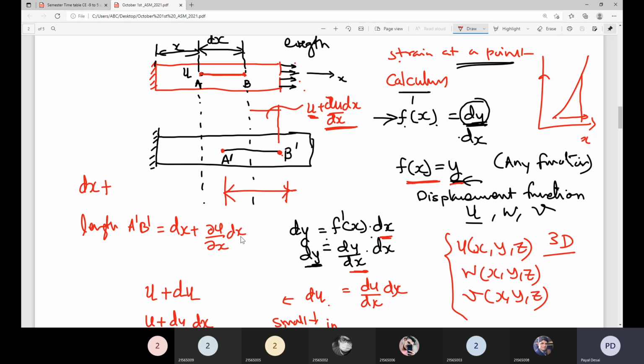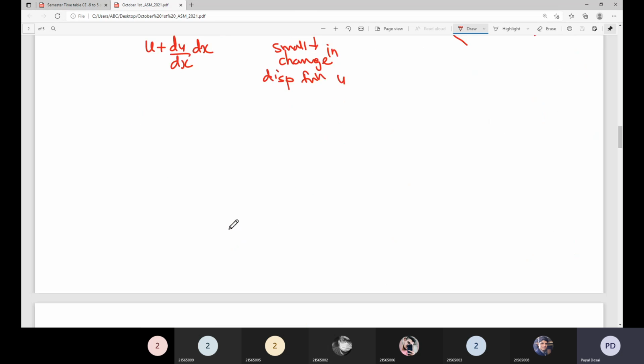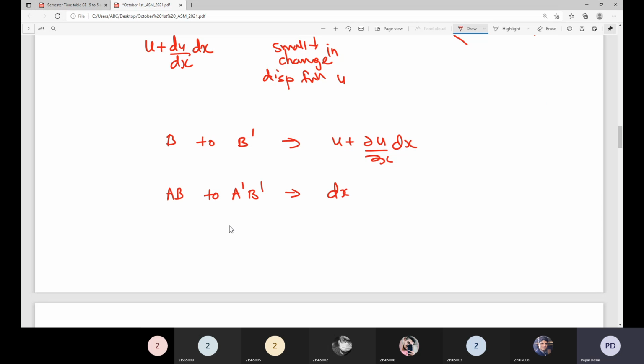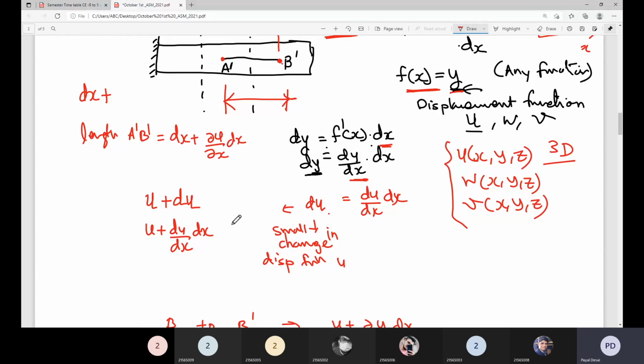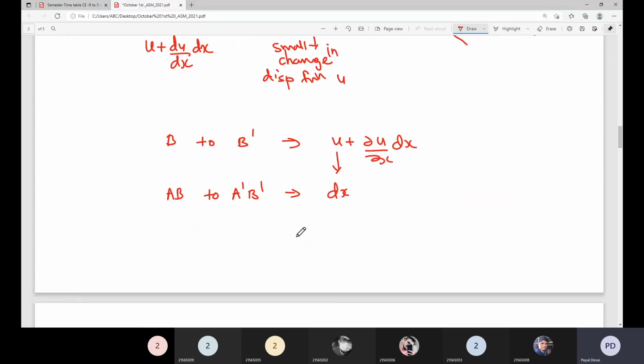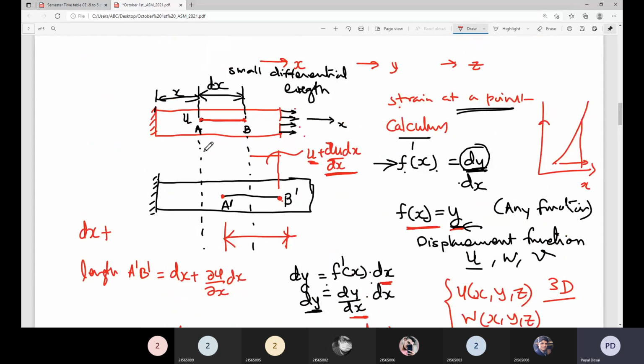So how much is the change? See, how much is the component from d to b dash? It is simply u plus del u by del x into dx. But how much is change in ab to a dash b dash? It's the total length instead of u, क्योंकि पूरी लेंथ में कितना इंक्रीमेंट आया है, ठीक है, पूरी लेंथ में जो चेंज है, और वो किसके वजह से है? बिकॉज वी आर टॉकिंग अबाउट डिस्प्लेसमेंट इन एक्स डायरेक्शन.